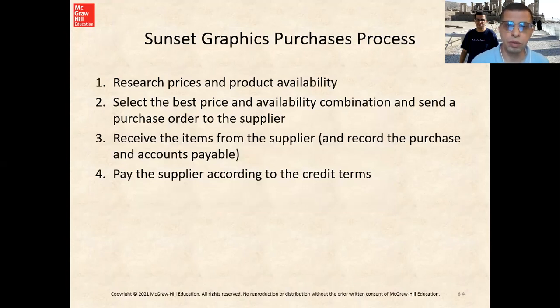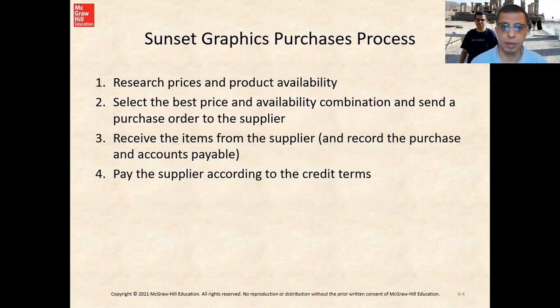We're still in the Sunset Graphics purchase process. So we look at Sunset Graphics and research the price and product availability. That's the first thing. You research the price and you search whether the product is available. Then you select the price and available combination and send a purchase order to the supplier.